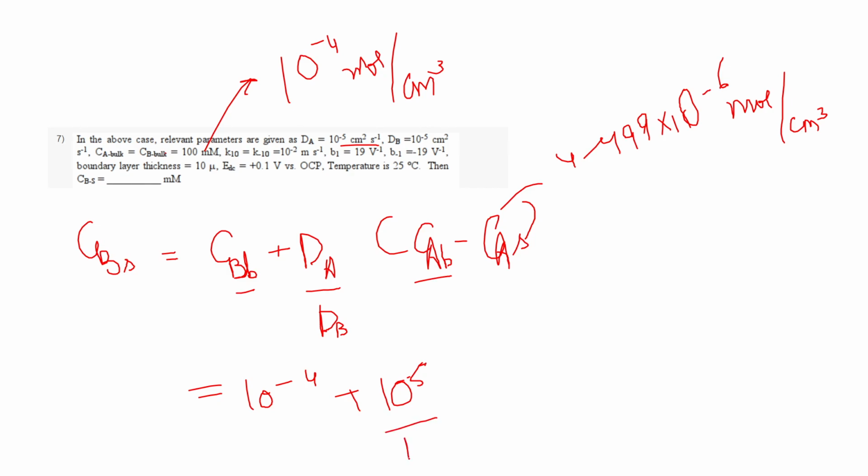D and dB both 10 to the power minus 5. Bulk is 10 to the power minus 4. Please, anyone do it and tell me what answer you're getting. Please do and let me know.